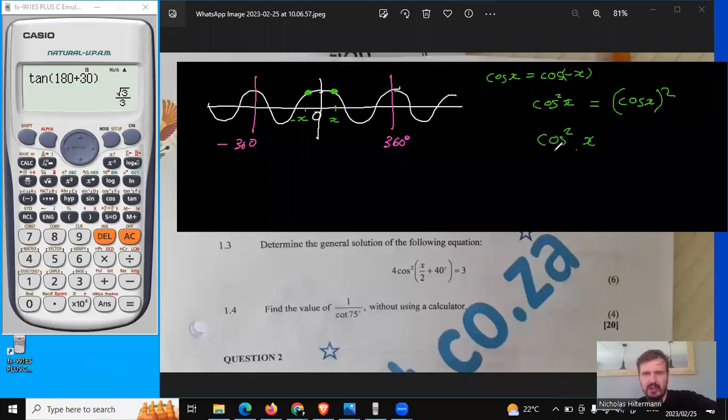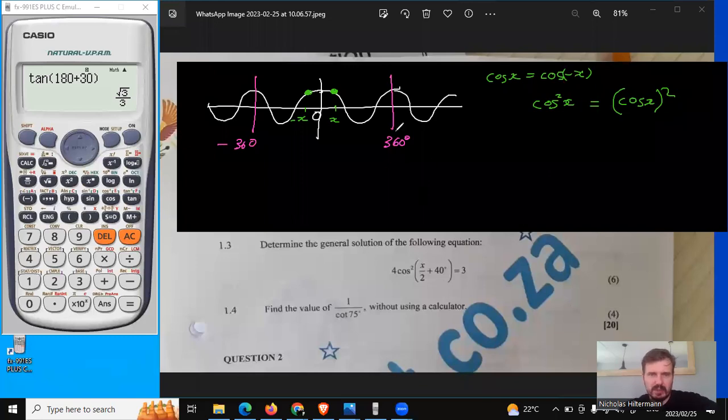But how do you square cos? Cos is just telling you that it's a ratio. Cos on its own is nothing. It's got to have the x with it, because you need to know the angle in order to work it out. Because cos could be anything. It depends on the angle.